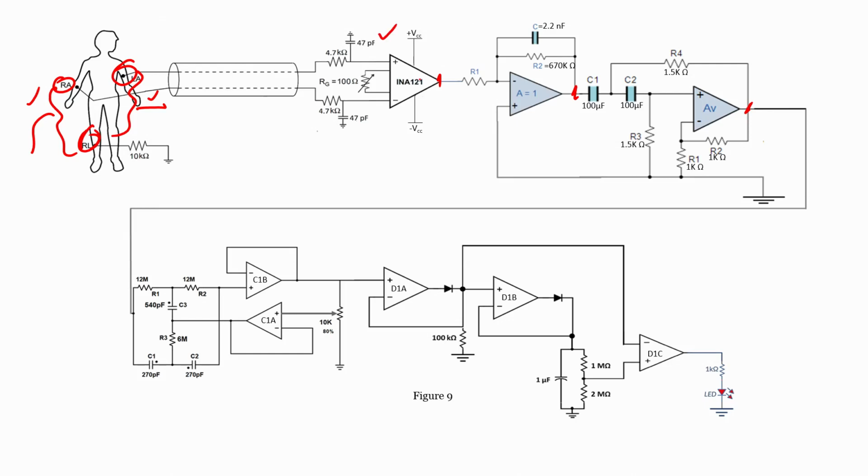The one I am using here is the INA128. You can look into the data sheet to understand the detailed architecture, specifications, the working, the gain setting, and the resistance values we choose and why.